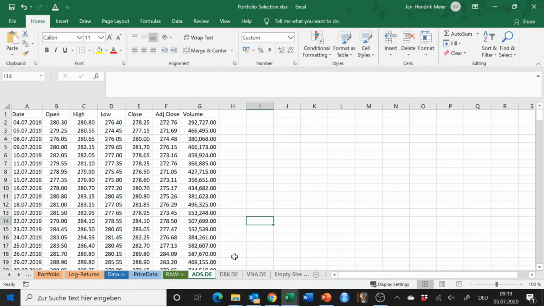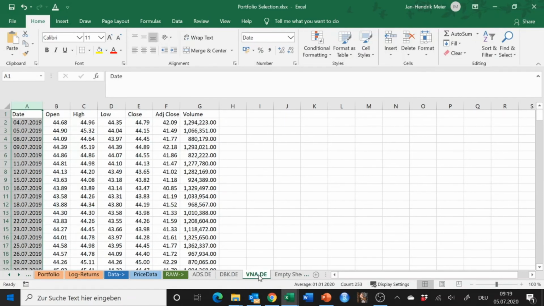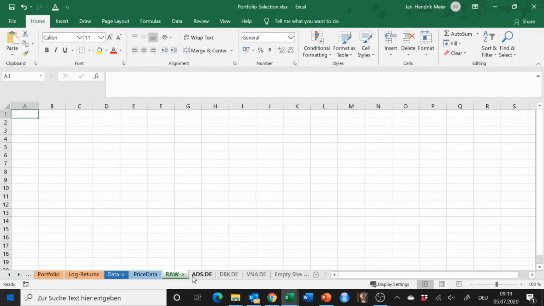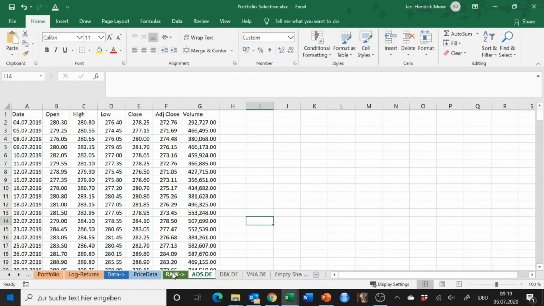I have a 3-asset portfolio here that consists of Adidas, ADS, Deutsche Bank, DBK, and Vonovia, VNA. And I just downloaded all the stock price data using Yahoo Finance historical prices. So I have some kind of raw part here.